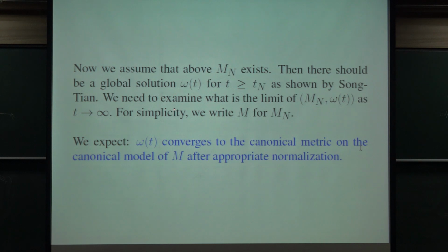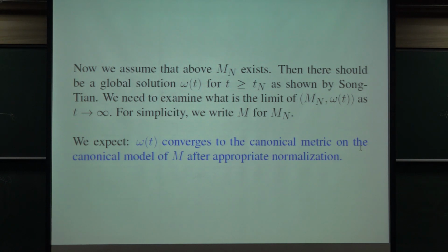So now this answers, once we have the previous things, the first question, first step. Namely, we can construct the Kähler-Ricci flow with surgery for all time, including finite extinction time. Then the next step: assume this exists, namely after finite many surgeries, the first Chern class is numerically non-positive.